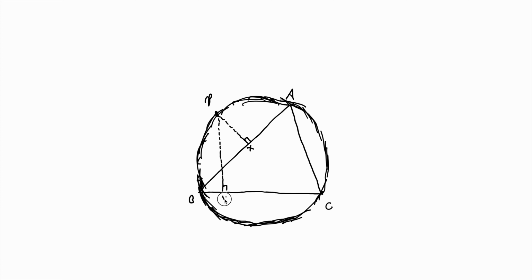Y, Z should be here somewhere, so we need to extend it actually like this. This seems tangent enough, normal enough. X, Y, Z. Now points X, Y, Z are collinear, meaning they form a line like this.